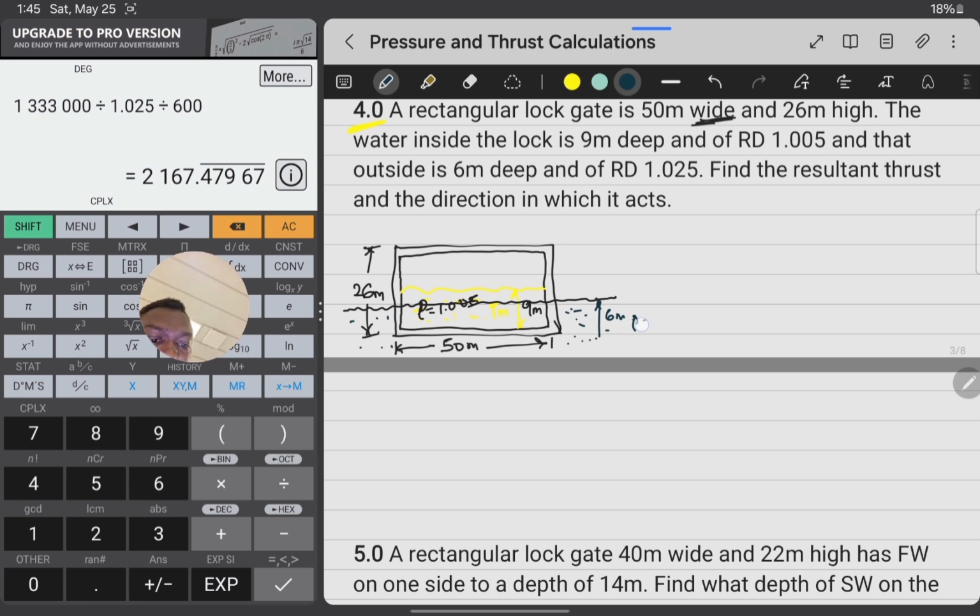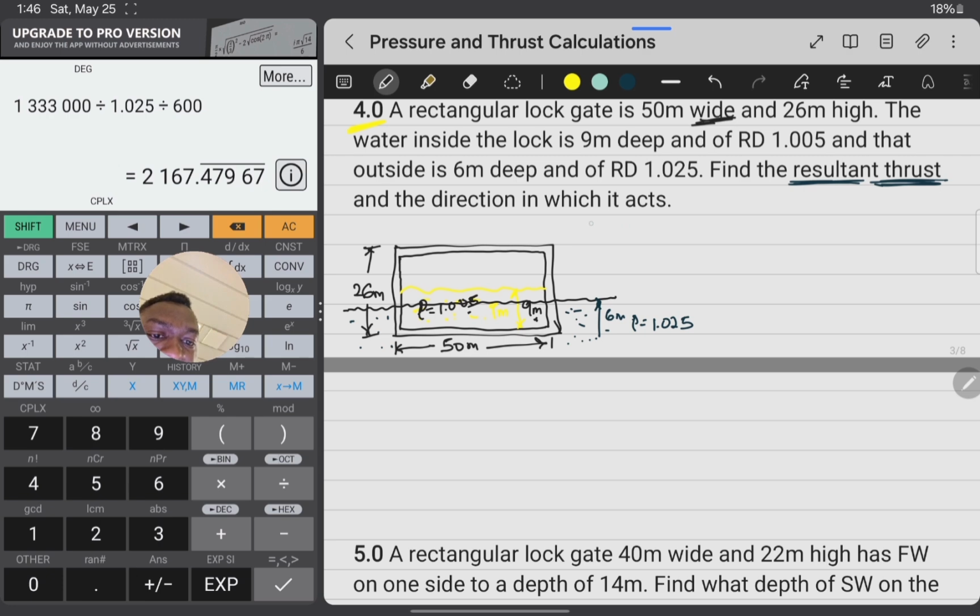The density of the one outside is 1.025. So find the resultant thrust. Resultant means the summation of all the forces, of all the thrust, and the direction it acts in. Let's understand again. The water inside is 1.005 and the draft is 9. The one outside is 6 meters draft, and the density is 1.025.